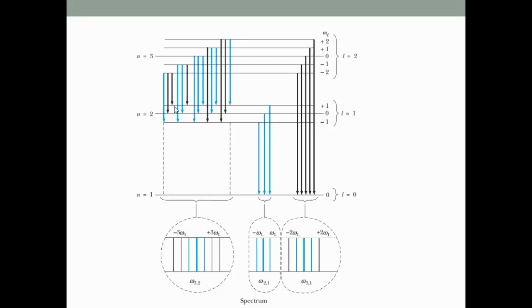Because of the selection rule, which is important, only certain transitions are permitted. Those are denoted in blue color. The blue color is the transitions that occur. Other transitions are prohibited due to the selection rules. These selection rules express the conservation of the angular momentum.